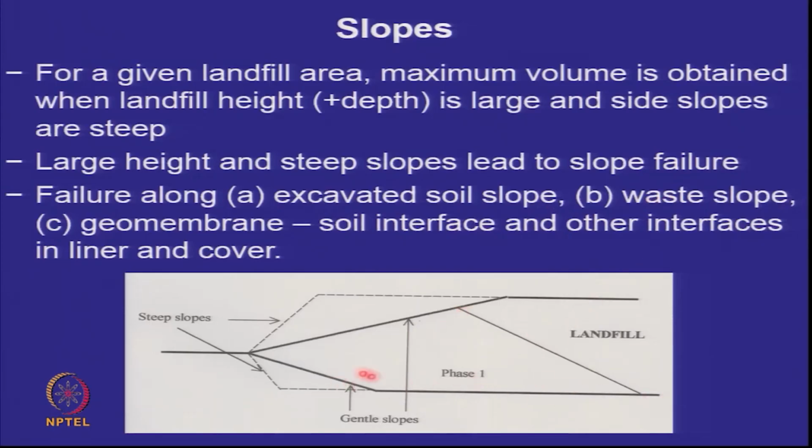As you fill phase 1, for example, and you are hurrying to go to the top so that you can do a final closure before the monsoon comes, this is your waste slope. This is an intermediate cover and this is the waste slope. Now, this can also fail. So you can have failure along the waste slope, and you can have failure along the geomembrane soil interfaces and other interfaces in the liner and the cover. If I look at this in a very magnified view, there will be several layers, and these interfaces can also cause slope instability.